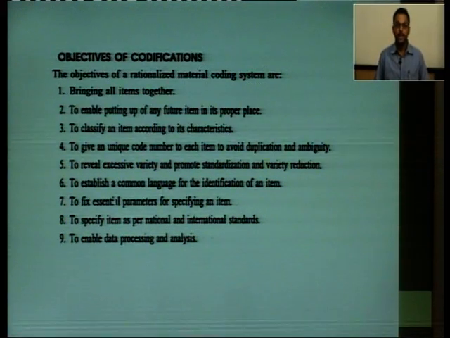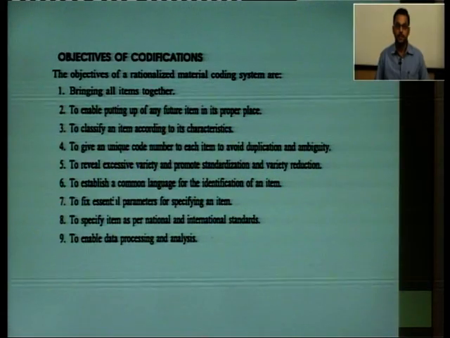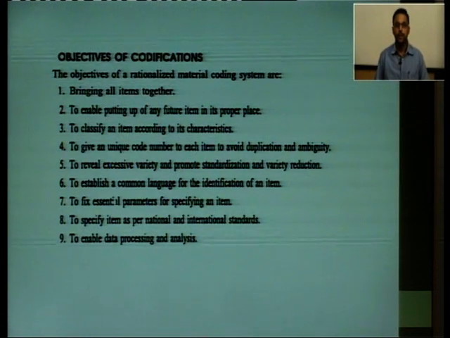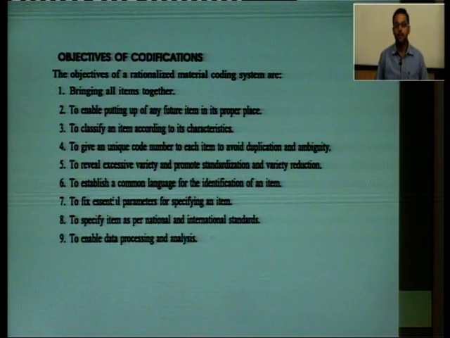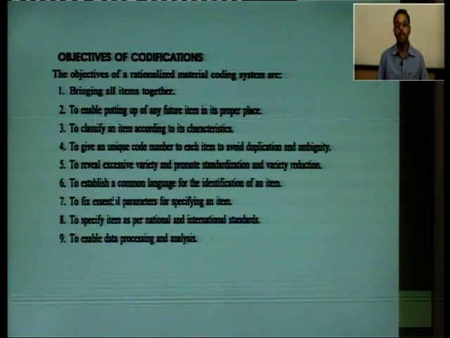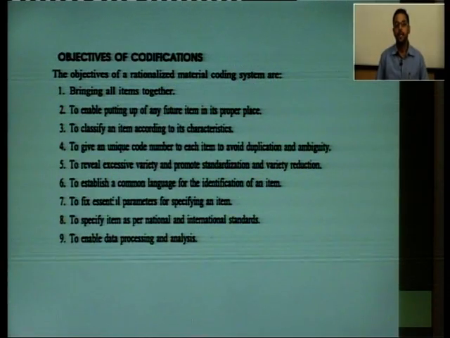Whenever we are maintaining any kind of list, we put a particular number for a unique item. In this way, we are able to put any future item in its proper place.